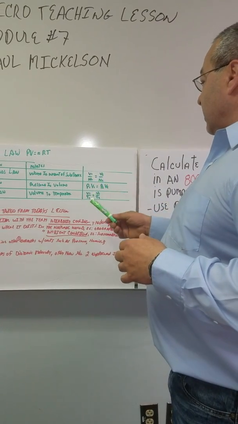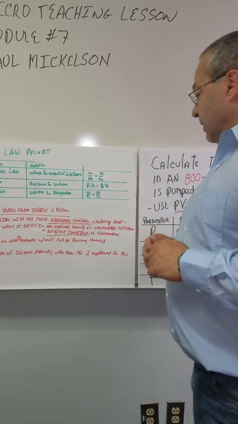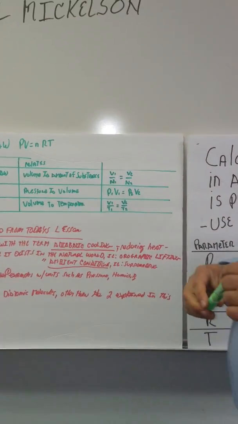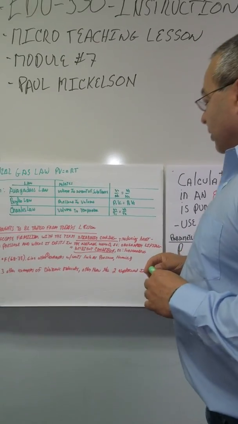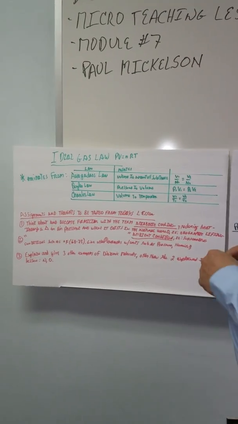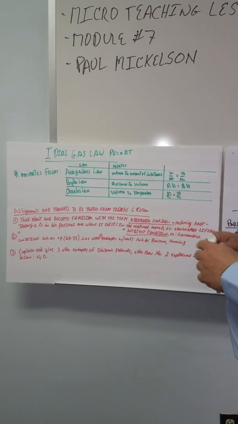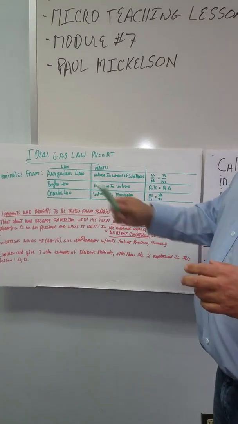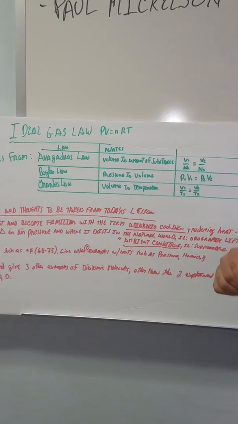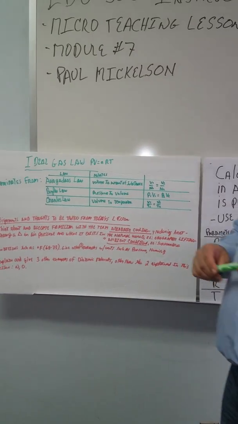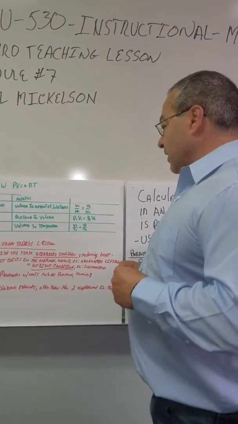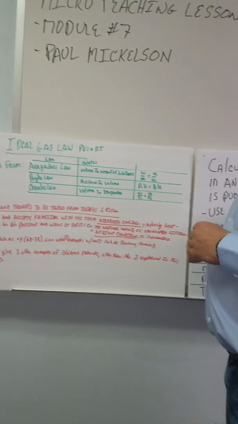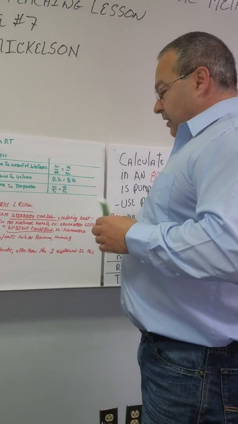We're dealing with volume, and n is the marker for that. Boyle's law related pressure to volume, PV: pressure volume 1 equals pressure volume 2. And then Sir Charles came along. That's not the basketball player. Sir Charles related volume to temperature, V to T.